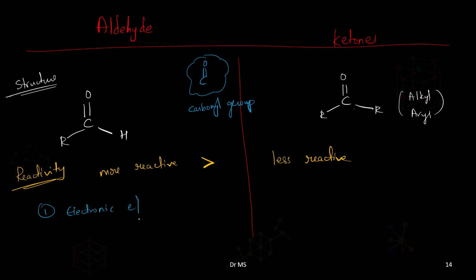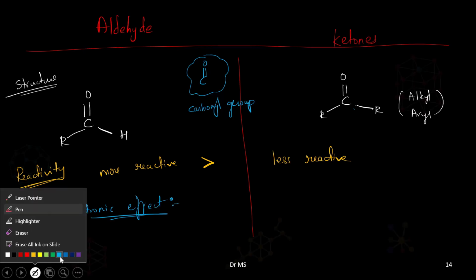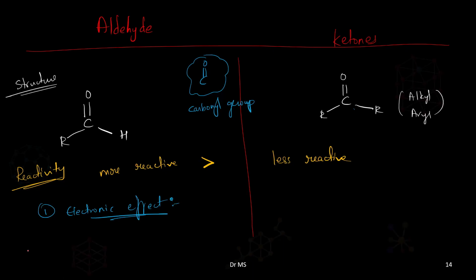What is this electronic effect? The carbonyl carbon of the aldehydes has a greater partial positive charge compared to the ketones. I told you the reason for that. Here the partial positive is more compared to this ketone, because here there is the presence of this alkyl group.